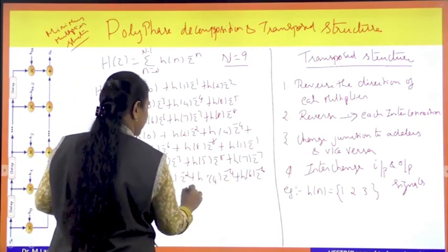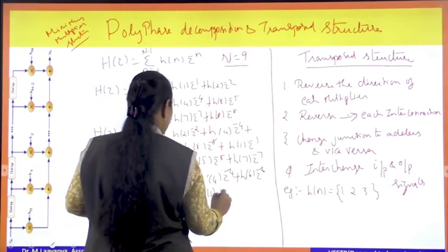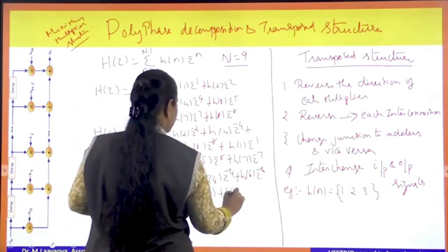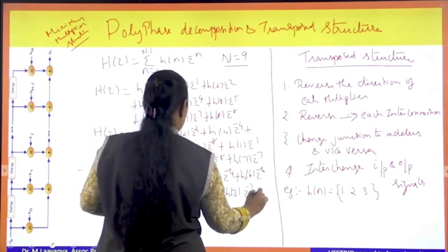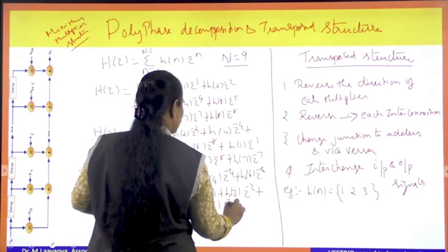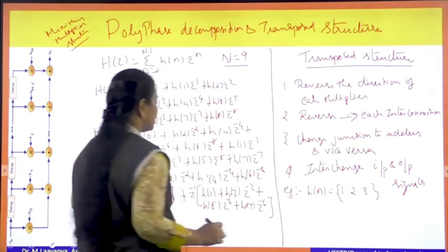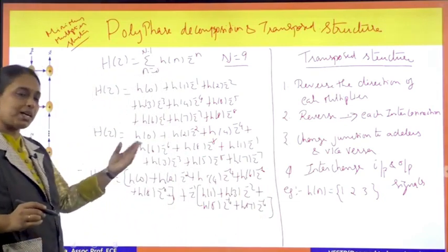If I take z inverse commonly outside, I will have h of 1 plus h of 3 z power minus 2 plus h of 5 z power minus 4 plus h of 7 z power minus 6. So now the powers of z have become even.